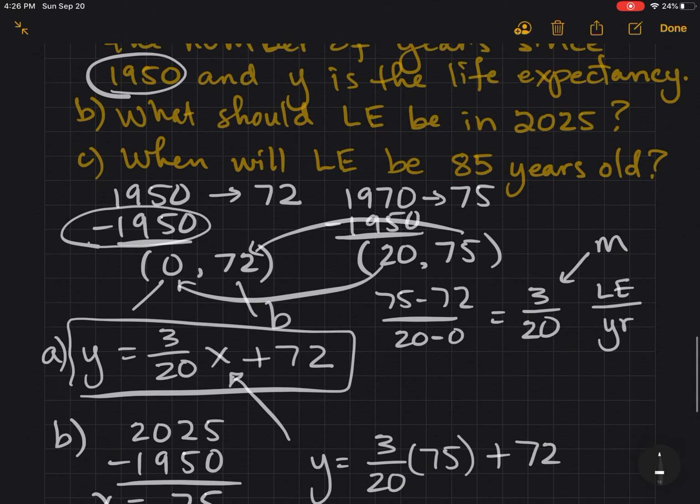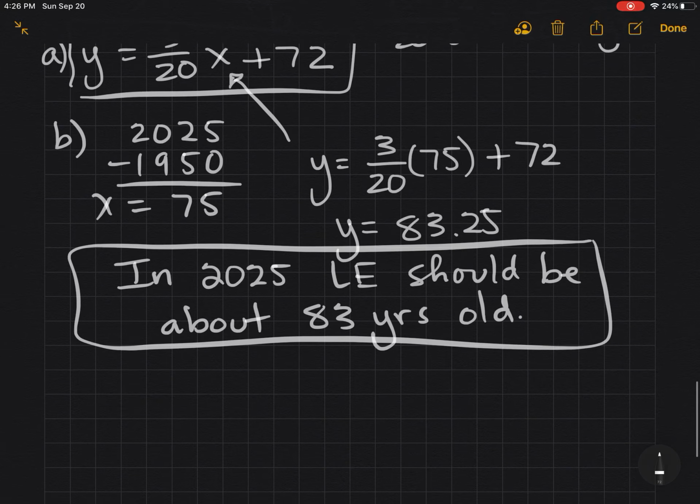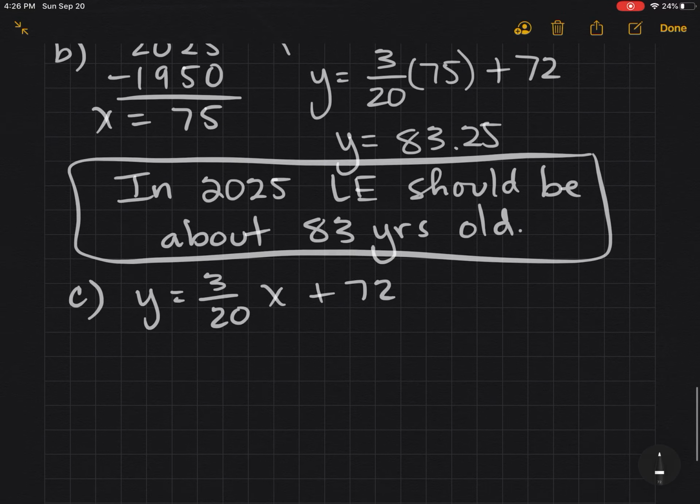Part C. When will the life expectancy be 85 years old? So now we know what Y is, and we're going to be solving for X. So let Y be 85, and let's figure out what X is.